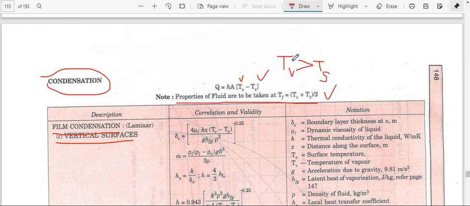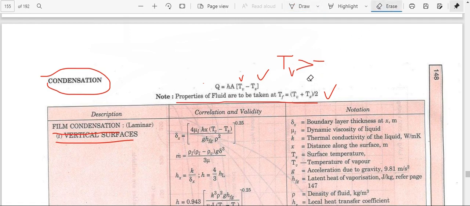That means the vapor temperature is higher and the surface temperature is lower. That's why I consider delta T equal to Tv minus Ts. In this process, we have to take film properties, the film temperature, (Tv plus Ts) by 2.